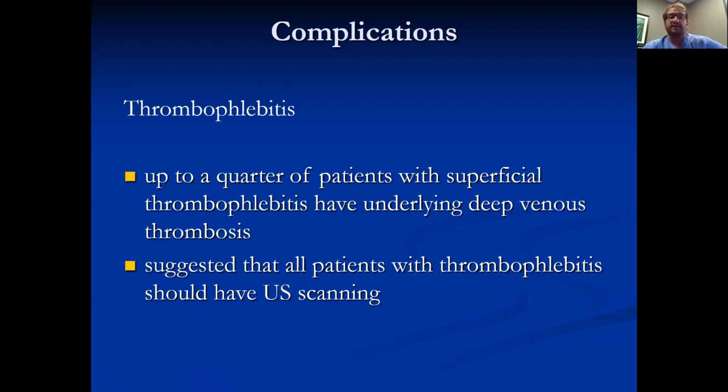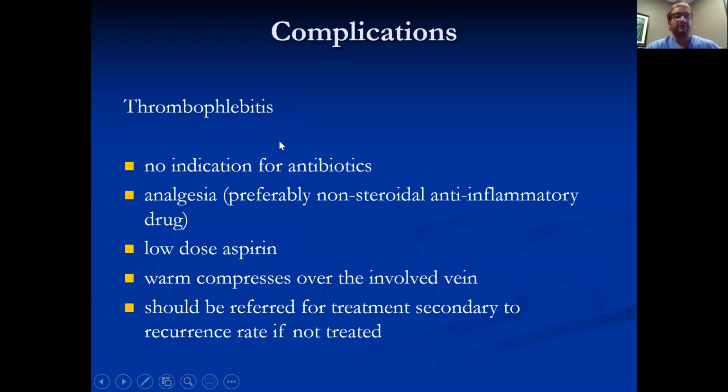And I think, unfortunately, once we check off the box that says no DVT, we'll just treat the patients with some local remedies and elevation and NSAIDs, and they're not referred for treatment. So while all patients with superficial thrombophlebitis should have ultrasound scanning, once that acute episode resolves, they do need to be evaluated for underlying superficial venous insufficiency.